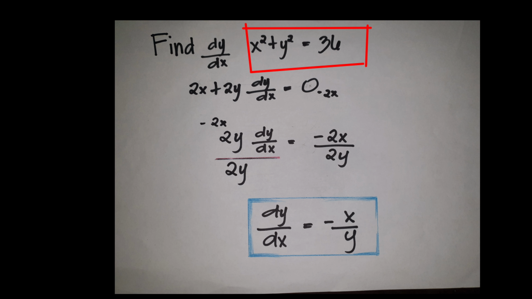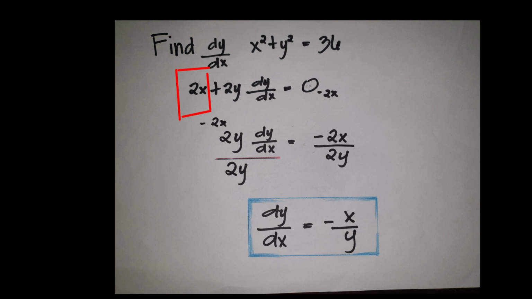Okay, what if you have a function like this that doesn't start with y equals? It is written implicitly in terms of x. The first step is just to differentiate both sides with respect to x. For the first term, x squared, the derivative would be 2x using the power rule.